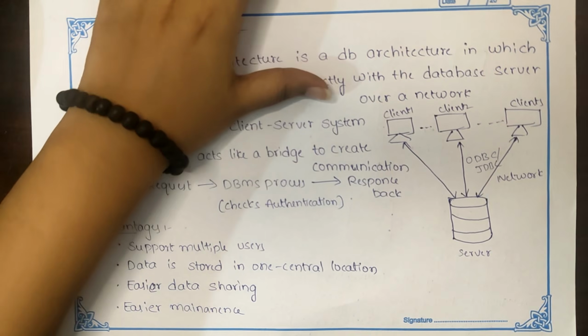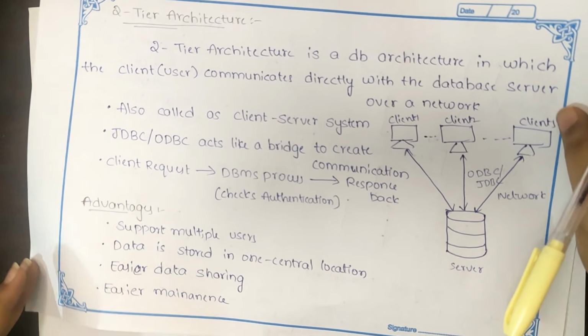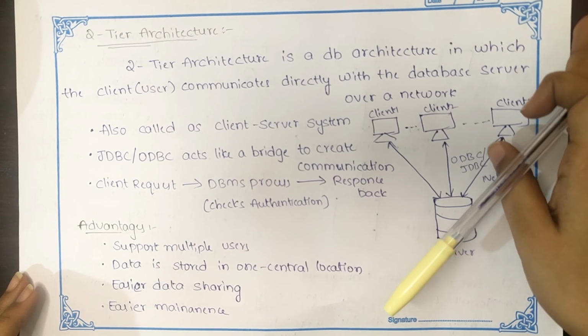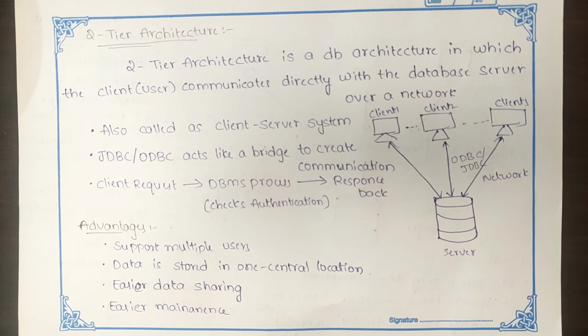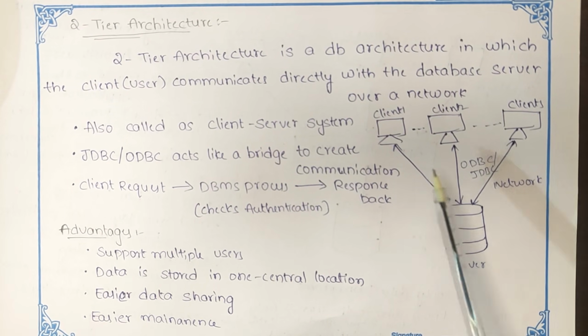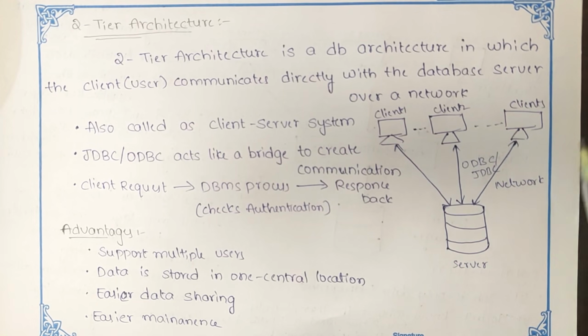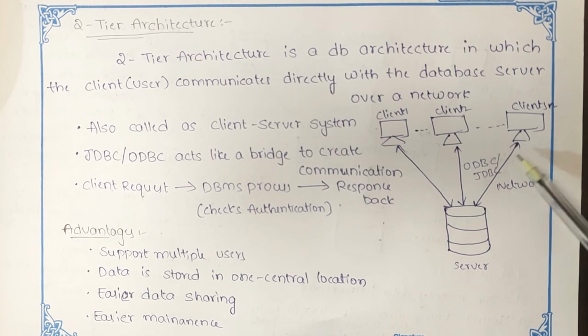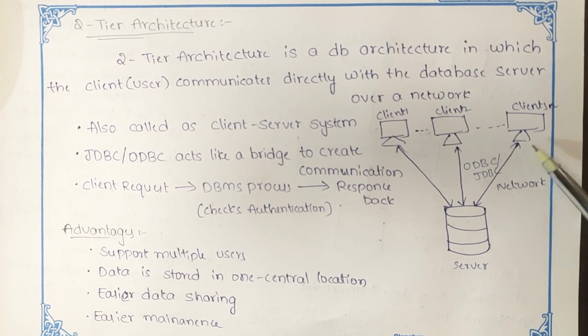Imagine a college where there are teachers, principal, accounts department, examination branch. Can anyone store separate databases on their own laptops? No, right? Here is two-tier architecture, where we have multiple clients, client 1, client 2 and up to client n, connected to the server using a network.